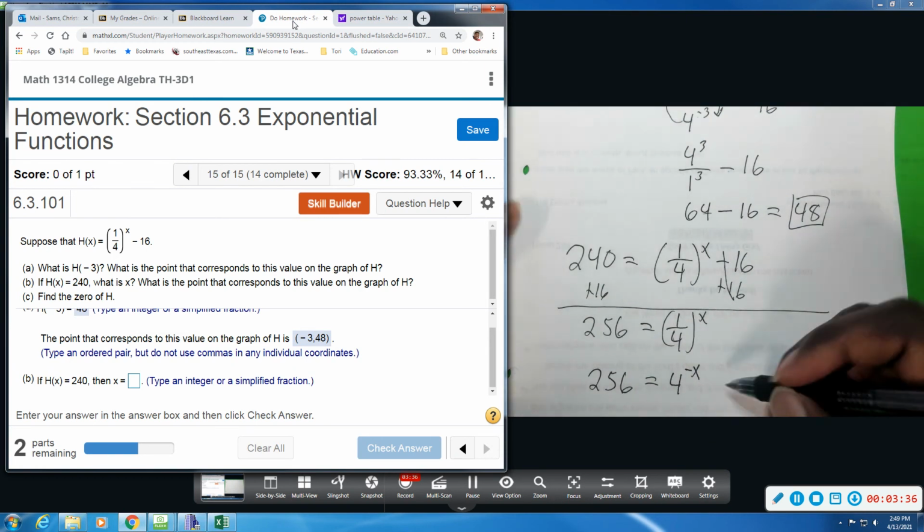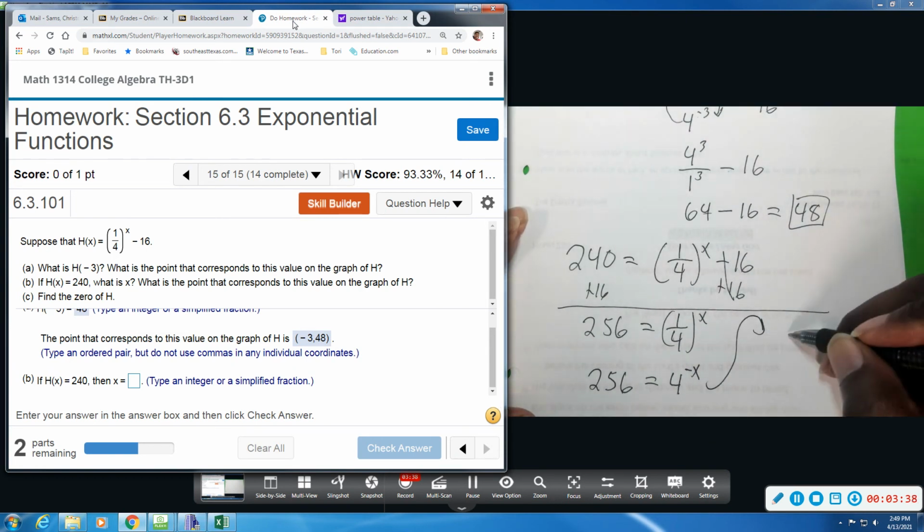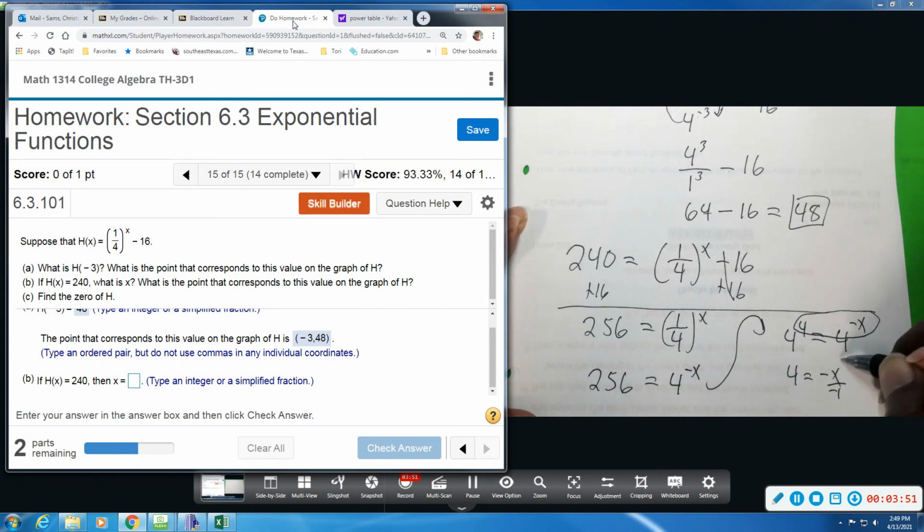So I can rewrite this as 4 to the 4th, and that equals 4 to the -x. So we get 4 equals -x. Or divide by -1 because we don't want to have a negative exponent, and we get that -4 equals x.